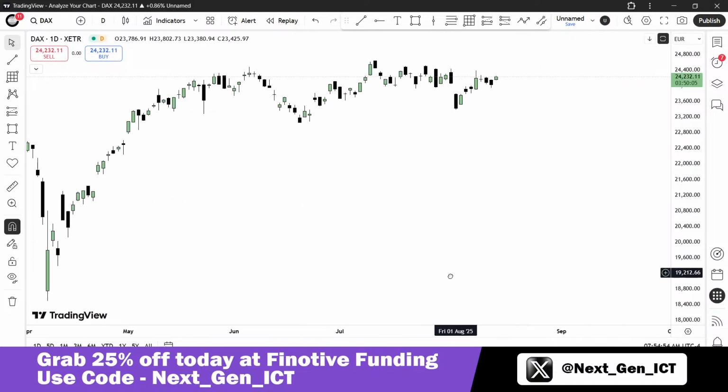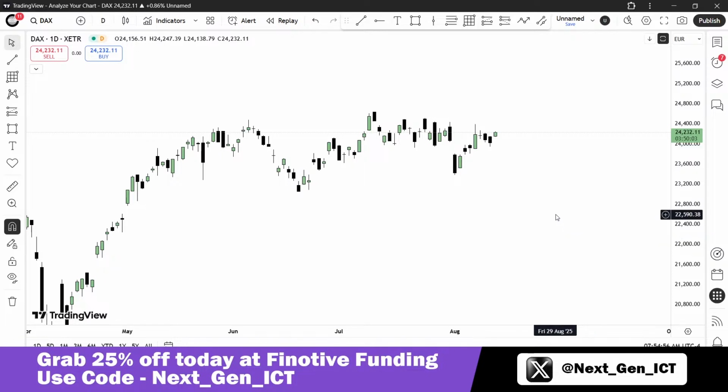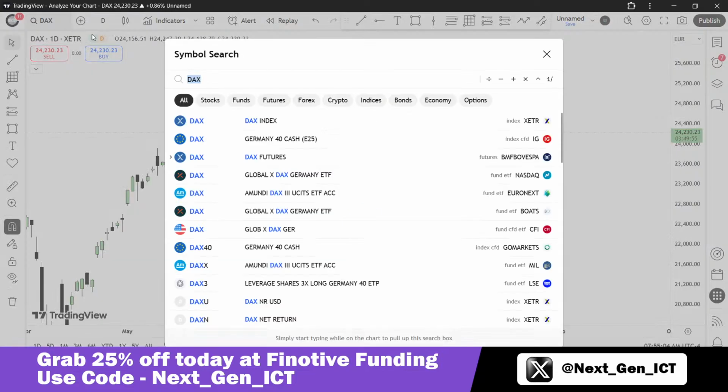So is this the DEX chart? I never traded DEX. Which one should I select from here?